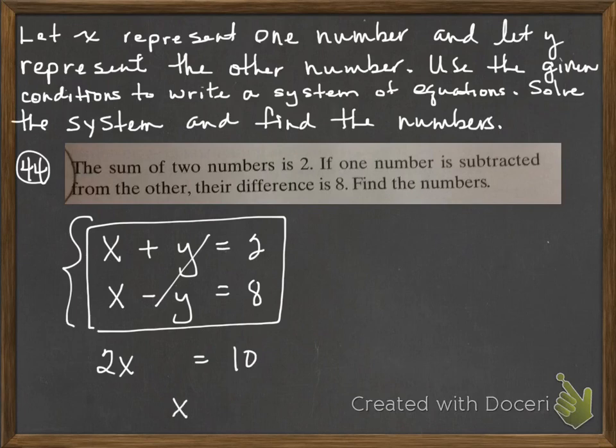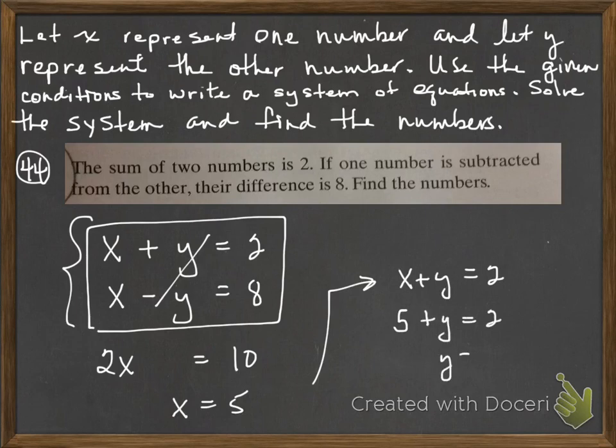Solve for x. x comes out to be 5. Pick either one of the original equations and substitute in your x and solve for y. So your solution, or your point of intersection, all the same thing, is the ordered pair 5, negative 3.